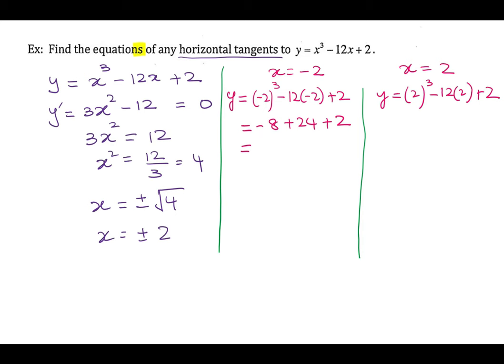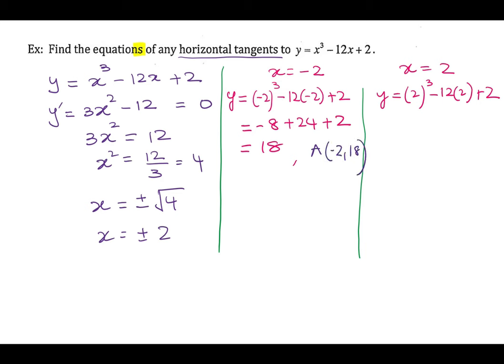So minus 8 plus 24 is 16, plus 2 is 18, right? Okay. So that is the first one. We get 18. So we have a point, let's call this point A, being (-2, 18), correct?